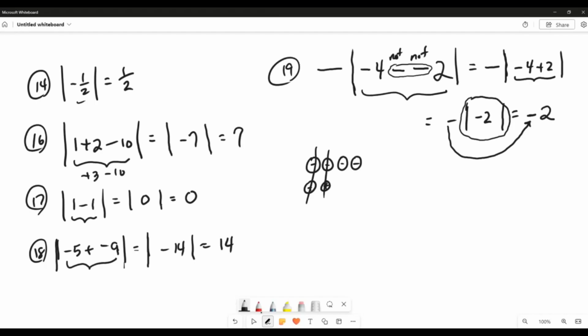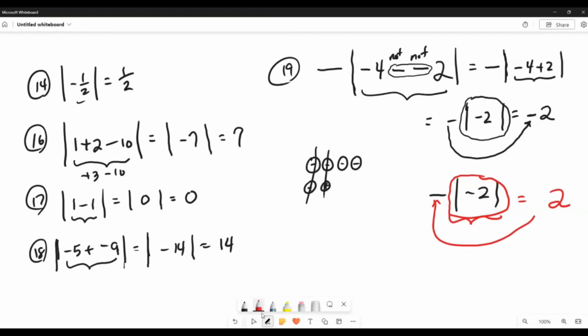Because there's a negative on the outside, we have to do this part first and ignore that negative for a minute. And the absolute value of -2 is +2, but we can't forget that there's a negative hanging out outside, and it makes our answer negative.